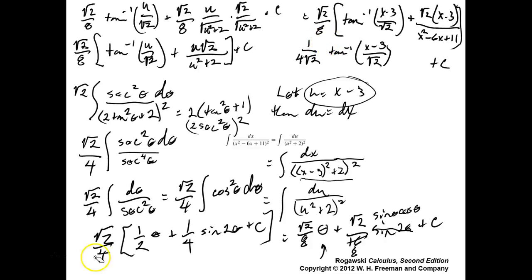They leave that as a coefficient there and multiply that through here too. When you do 1 over 4 root 2, that's what this is, then the root 2's cancel out and this gives you plus x minus 3 over 4 times x squared minus 6x plus 11. And then that plus c. Yes. So we got the same thing they did finally when we manipulate our forms around there to do it. That does give us the same thing.